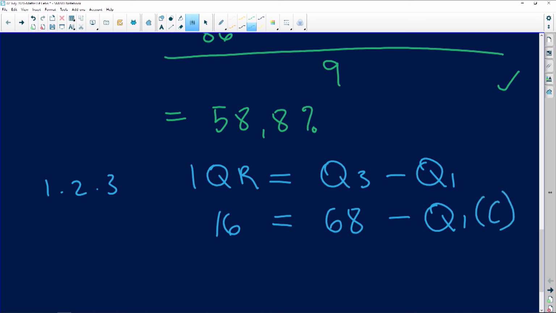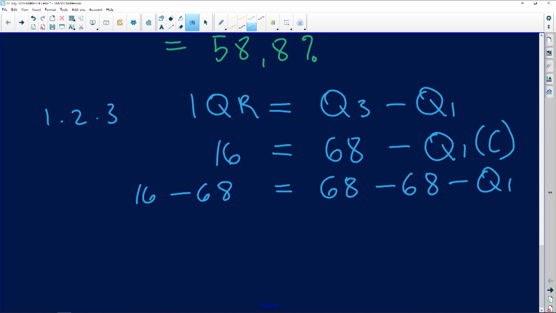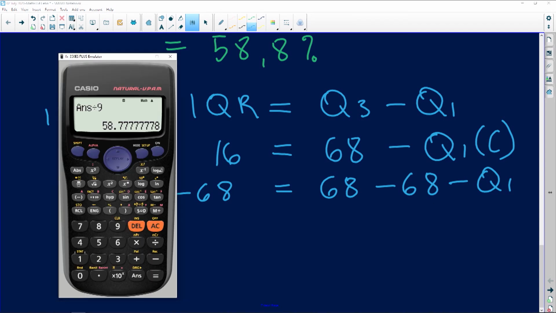So let's calculate that. What do I need to do? All I need to do is subtract 68 on both sides. So I'm going to say 16 minus 68, minus Q1 over there. Don't be scared, it's first going to give us a negative number. 16 minus 68 is negative 52.